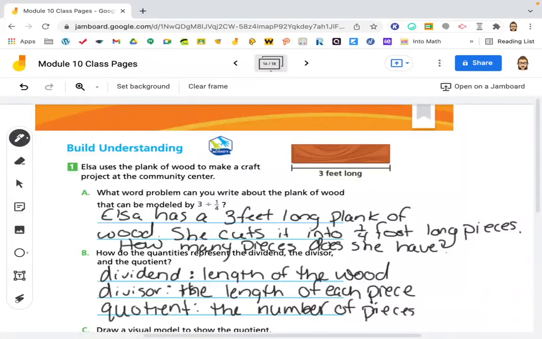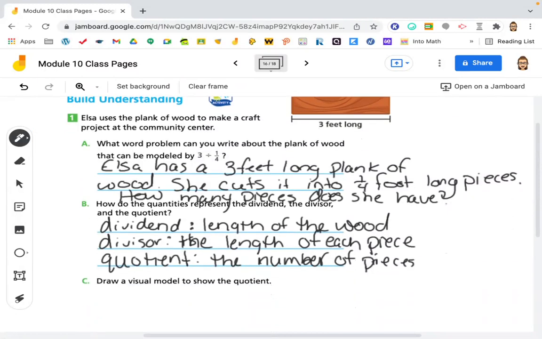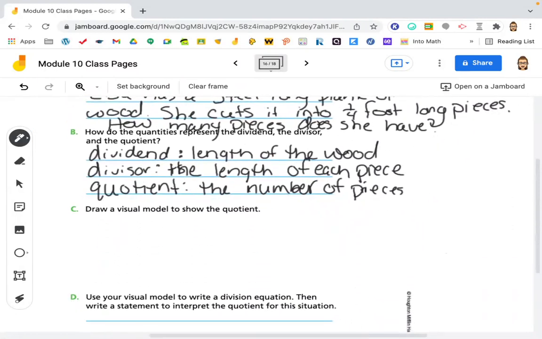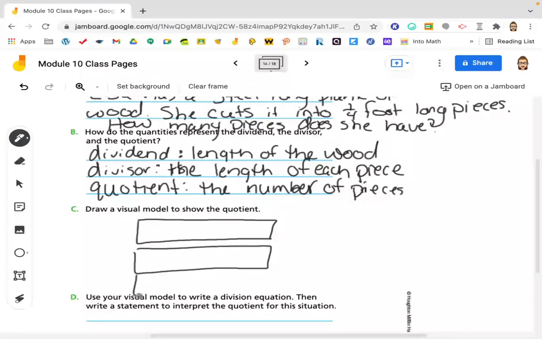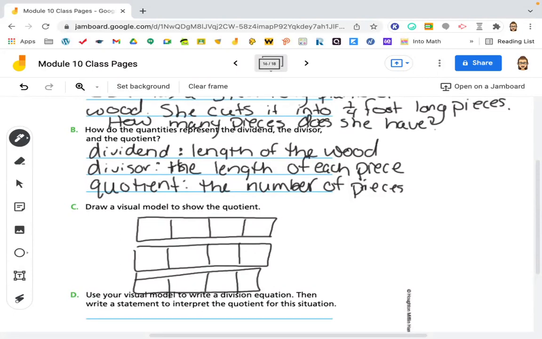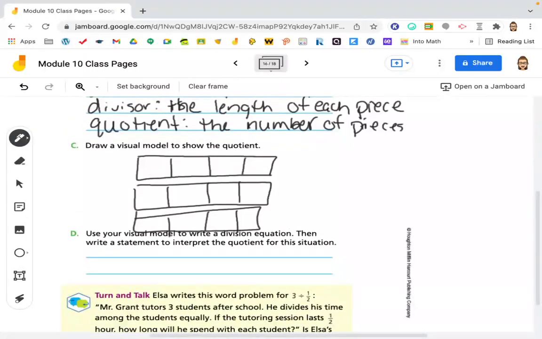And it says draw a visual model to show the quotient. So we're going to start with 3. So there's 1 foot, 2 foot, 3 foot. And then we're cutting each into fourths. And then it says use your visual model to write a division equation.